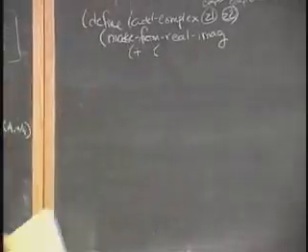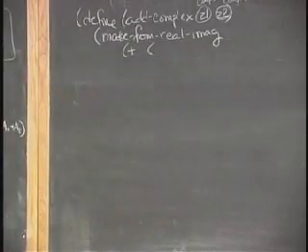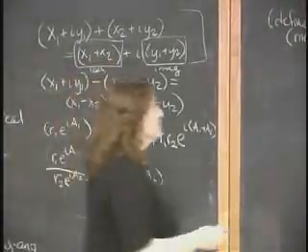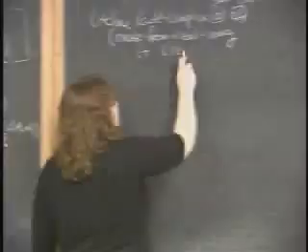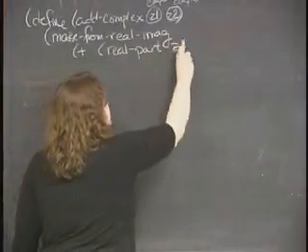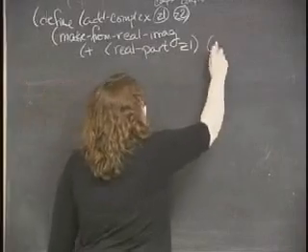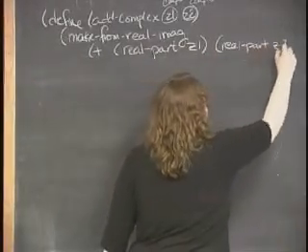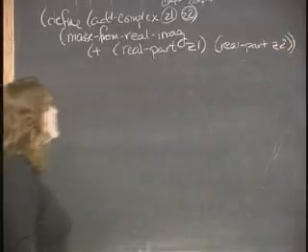Okay. We're going to add two things for the real part. The real part of Z1 and the real part of Z2. Okay. So that's our real part to pass in to make from real imag. And now we need to figure out what the imaginary part is.